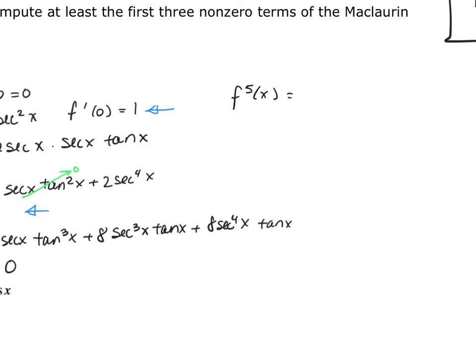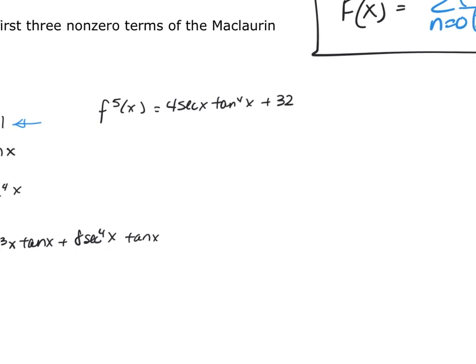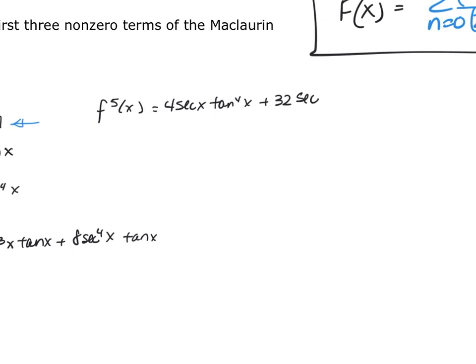Again, I'm just going to give you the answer. 4 secant of x tangent to the fourth x, plus 32 secant to the fourth x tangent squared x, plus 36 secant to the third x tangent to the x, plus 8 secant to the sixth x.